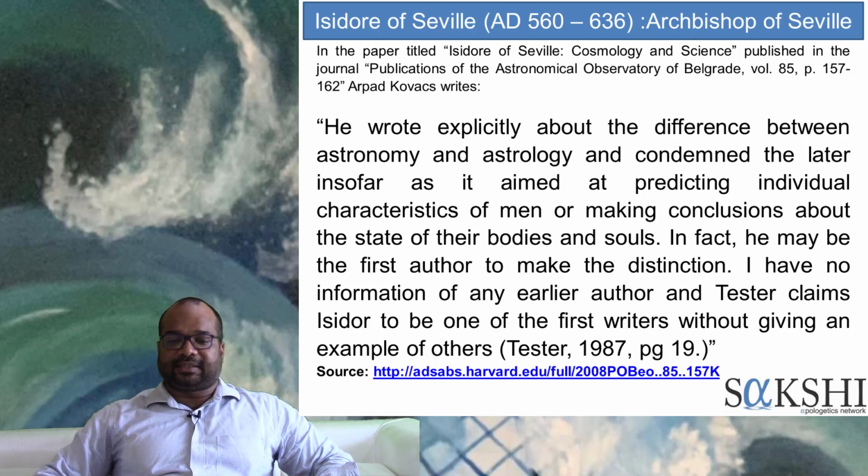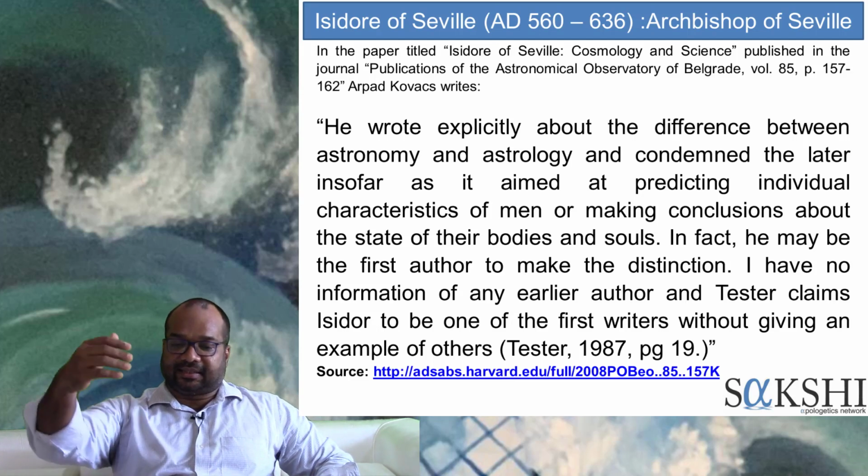Now this is published in the paper titled Isidore of Seville, Cosmology and Science, published in the Journal of Publications of the Astronomical Observatory of Belgrade, volume 85, page 157 to 162. You can get the full article in the SAO NASA Astrophysics Data System, that is the ADS, a digital library portal for researchers in astronomy and physics. You can get the entire article.